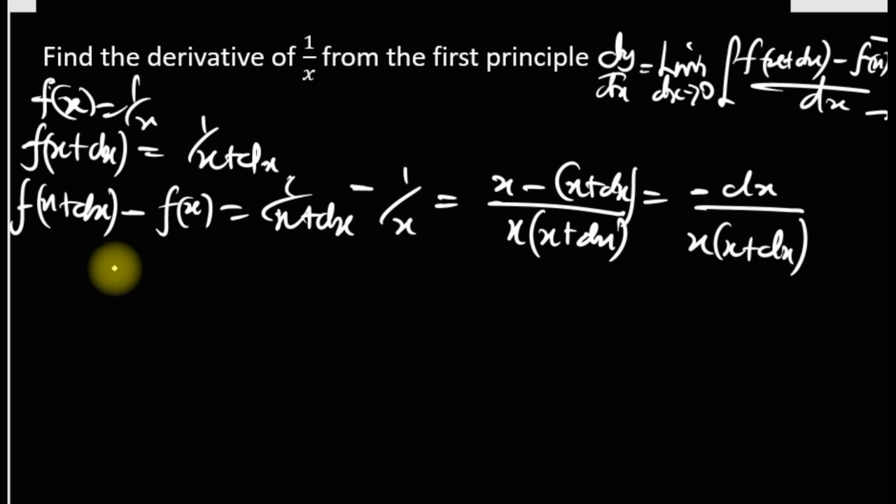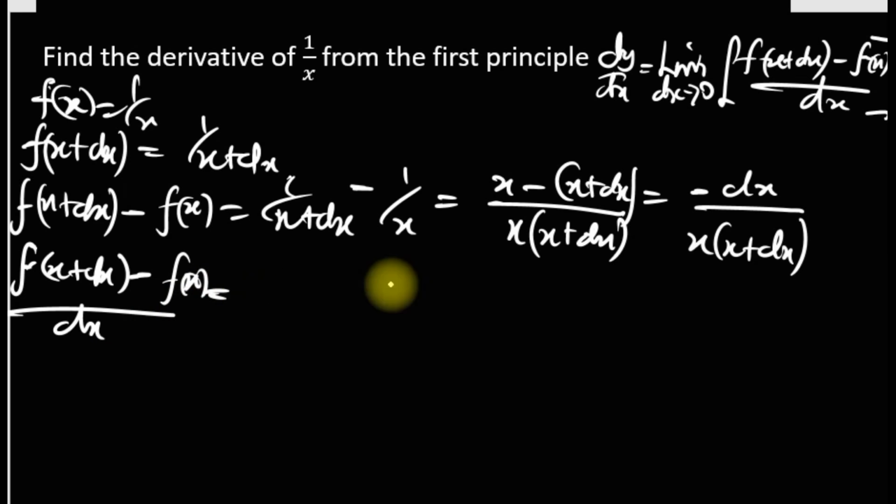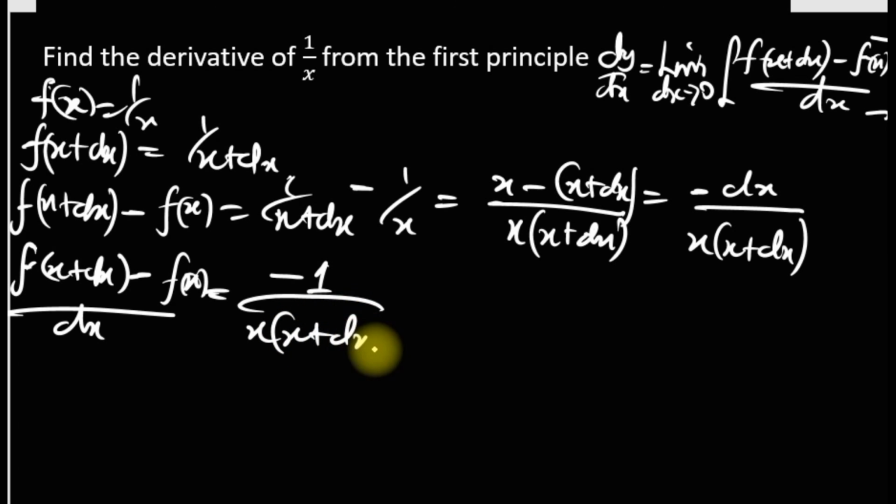The next thing is to divide both sides by dx. So f of x plus dx minus f of x over dx is now, after dividing, minus 1 over x times x plus dx. So the next thing is to find the limit.